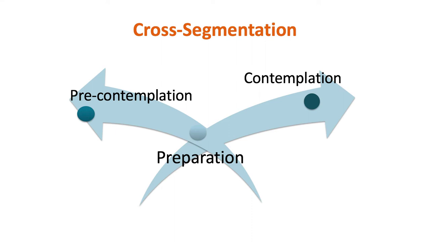Consider that as targeted individuals move from one stage to another, their corresponding responses to marketing efforts change along with those moves. We may decide to assign them to a different segment as the need arises.